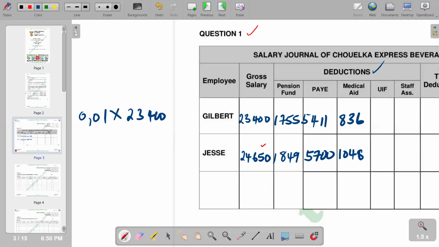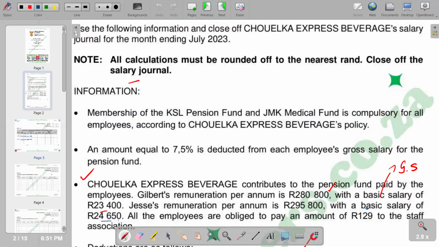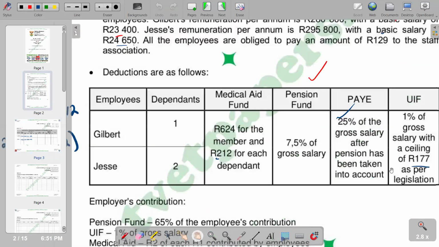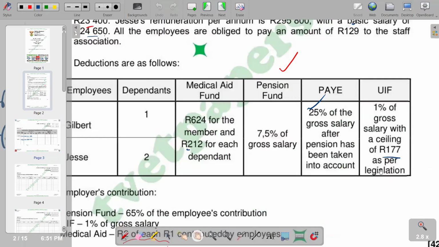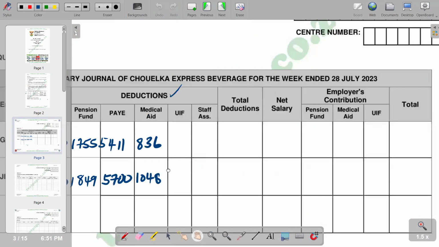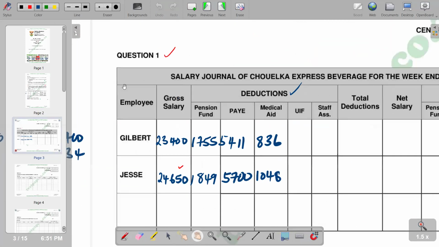So we get 234. This 234 is above 177. So when we have such a scenario, we take 177. We don't take anything above 177. So in this case, UIF for Gilbert is 177.